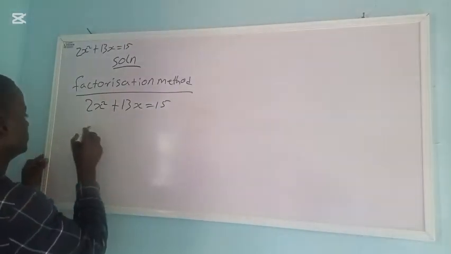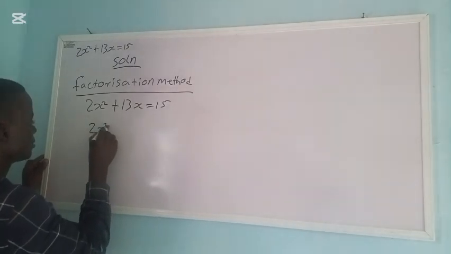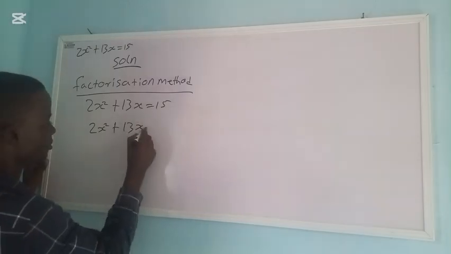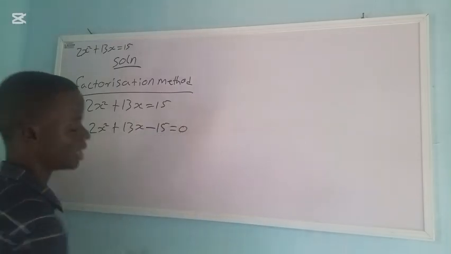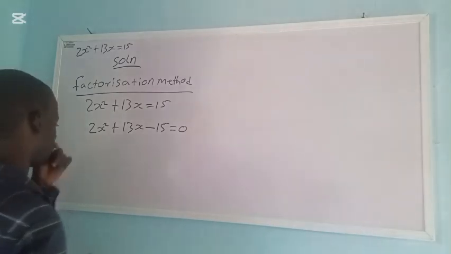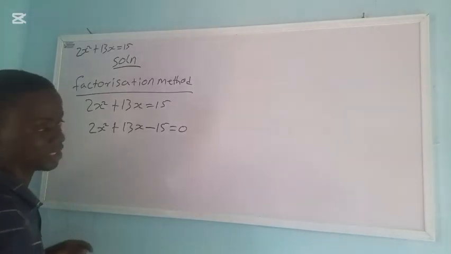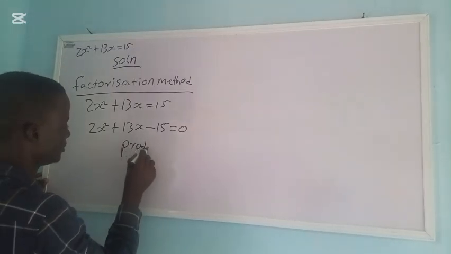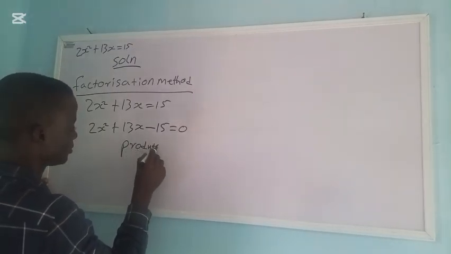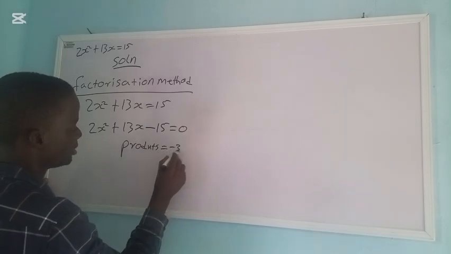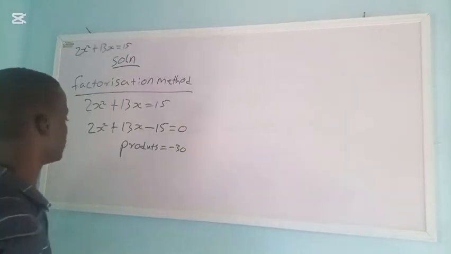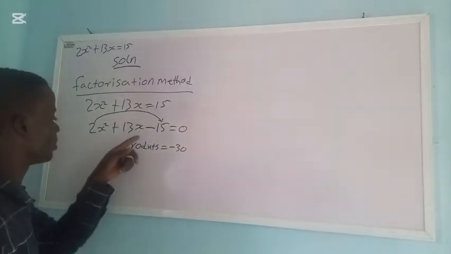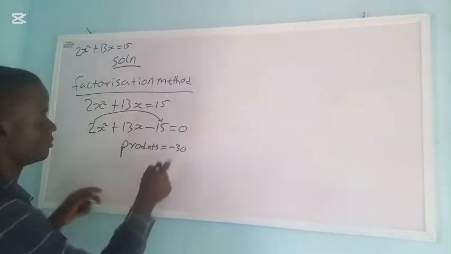Let's carry this 15 to this side to be minus 15 is equal to 0. Now, what we are going to do next is, let me show you the product. The product is minus 30. Why? Because 2 multiplied by minus 15 will give you minus 30.